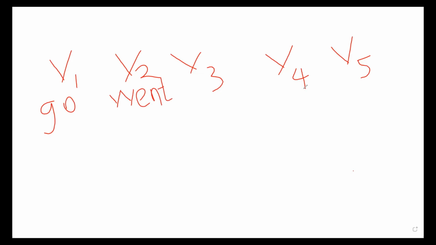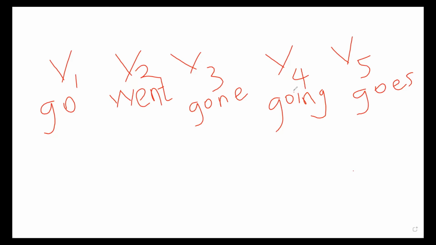Verb 3 is gone. Verb 4 is going. And verb 5 is goes. This is one thing you must know about verbs before we move to the tenses.